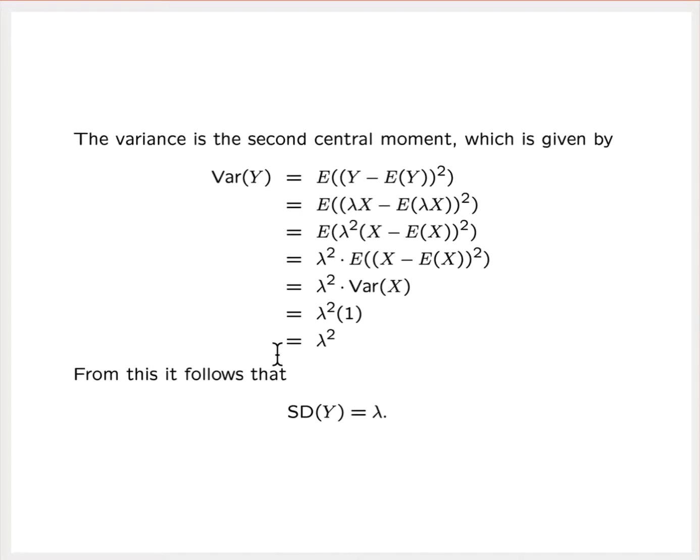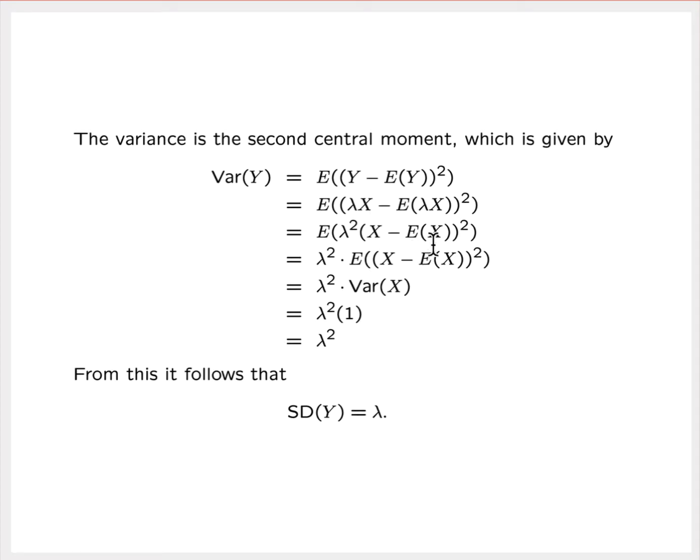All right? Now the variance is the second central moment. The variance is given by this expectation, the expected value of the square of y minus the expected value of y. Now, y is equal to lambda times x.